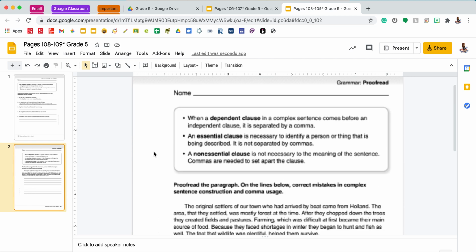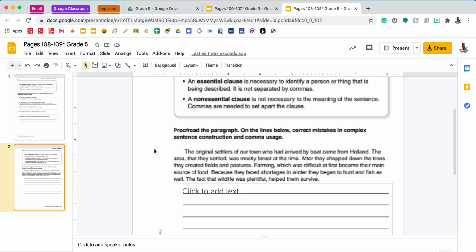Your last page is your proofreading page, so the box at the top goes over the rules from the previous pages, and the directions state to proofread the paragraph. On the lines below, correct mistakes in complex sentence construction and comma usage. So the first one says, the original settlers of our town who had arrived by boat came from Holland.